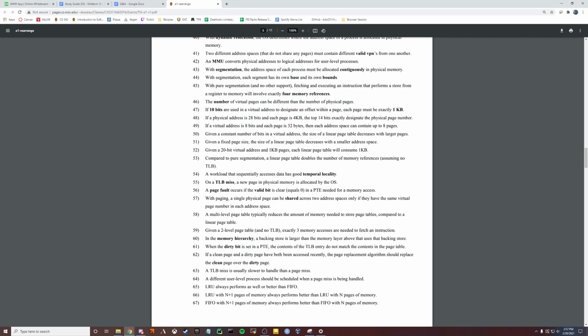Yeah, so my intuition is that they can be different. That you don't need same page sizes. So the page size needs to be the same.